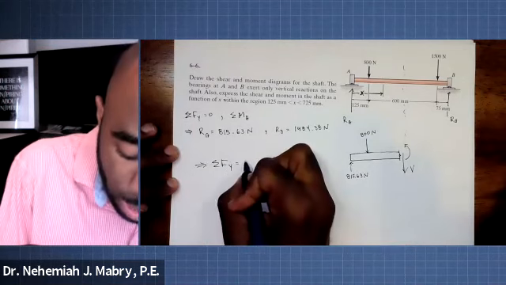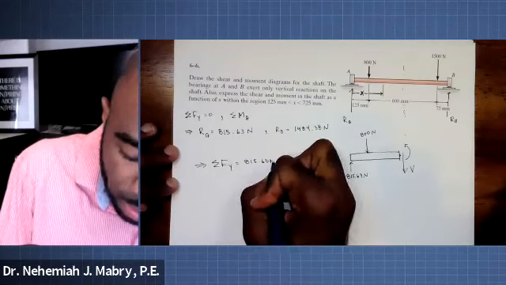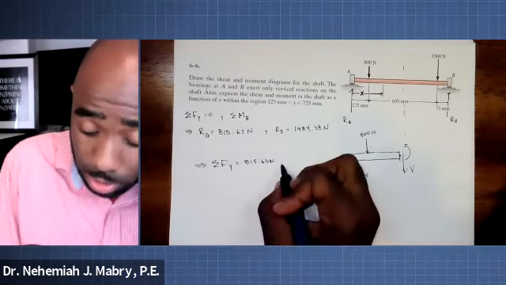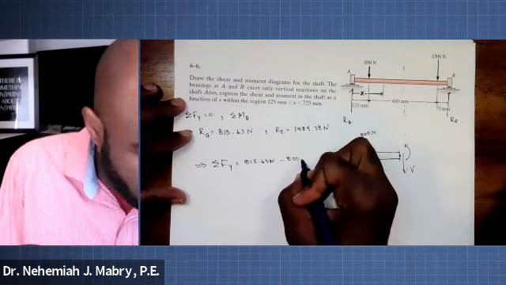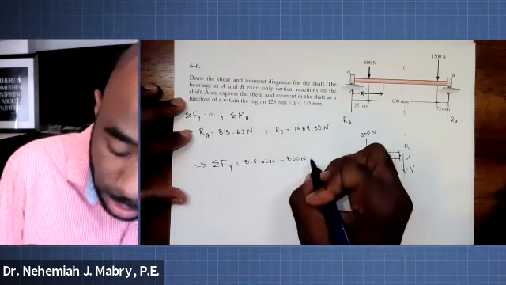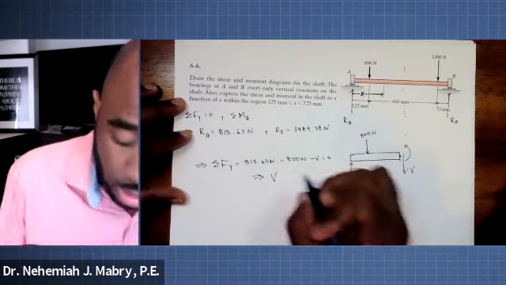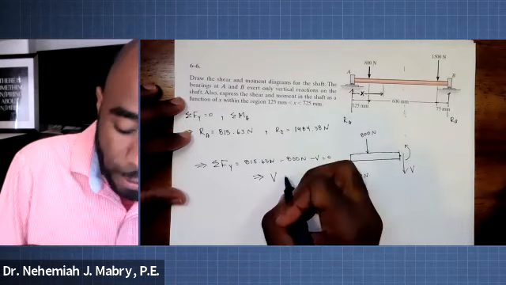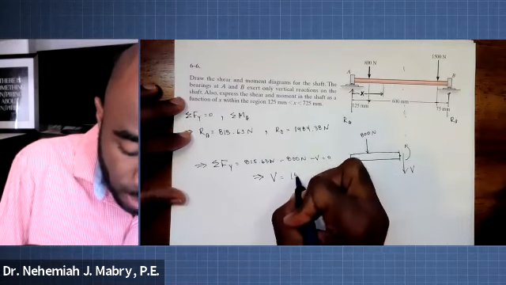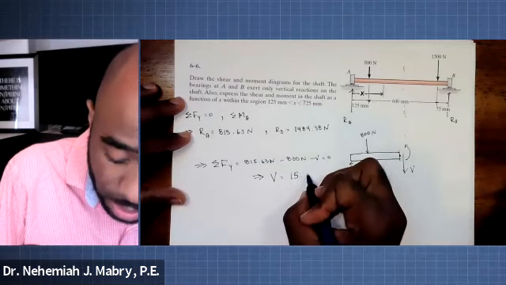And that tells us right here, this one is pretty straightforward, 815.63 newtons minus 800 newtons, and then minus V, because it's going downward, equals 0. So the shear as a function of X, now there's no X in it, but still nevertheless, it is basically a constant here. It is a constant of 15.63.